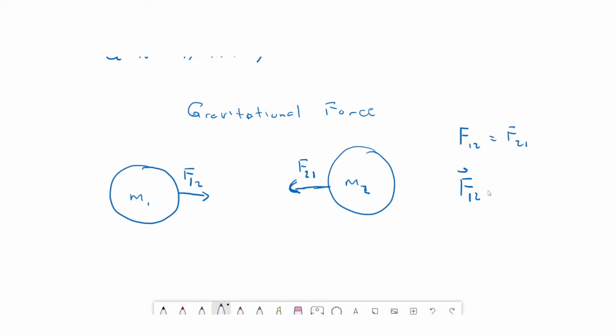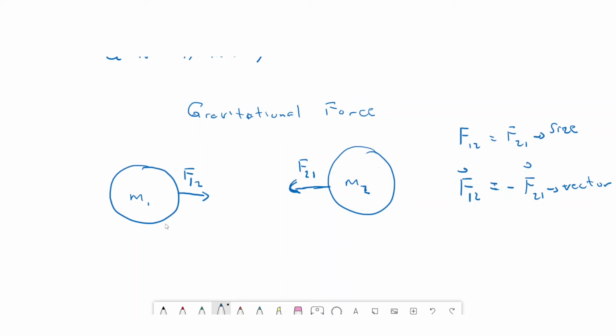When you look at it as vectors, the directions are going to be opposite one another. If this one is pointing to the right, this other one is going to be pointing to the left. The size is going to be equal, but the direction is different. That's why there's a minus there. That's very important for you to understand.